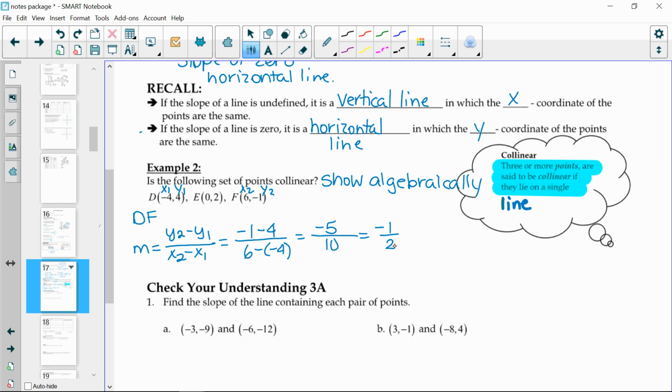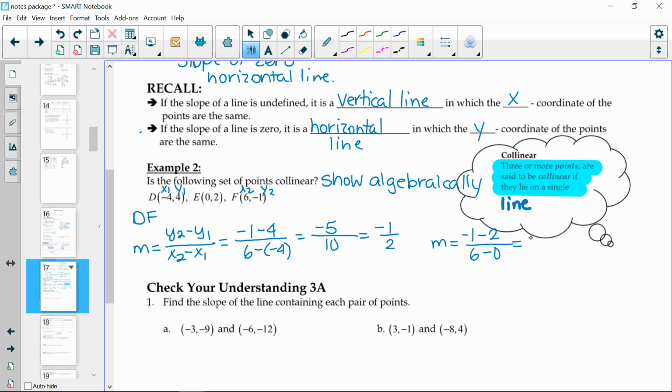Okay, so now you can use either line EF or you could use line DE. It doesn't matter, I'm just going to use EF. So you're going to find the slope of EF. So -1 take away 2 over 6 take away 0.